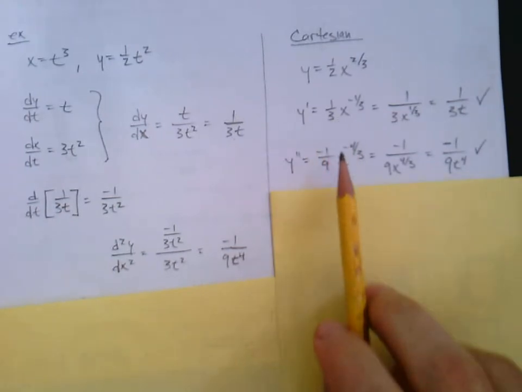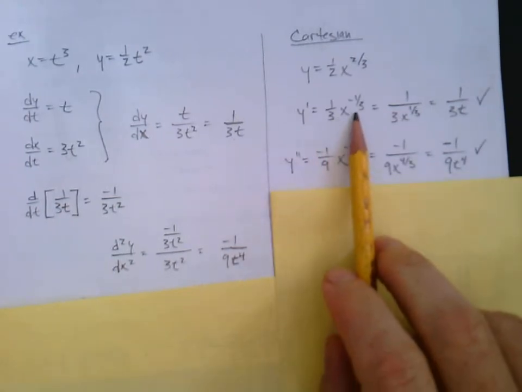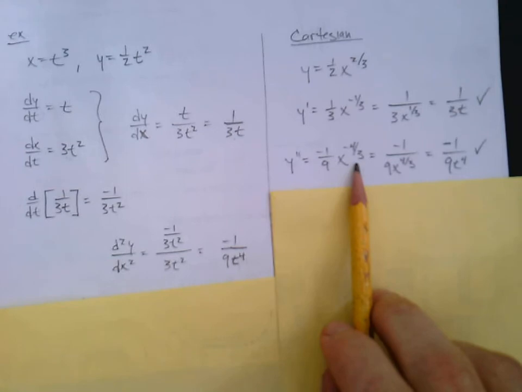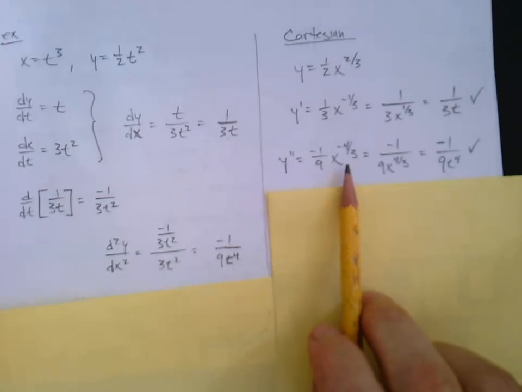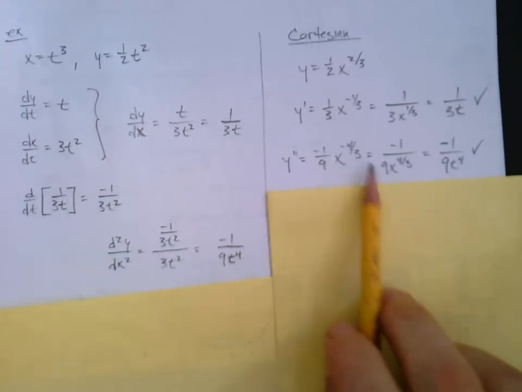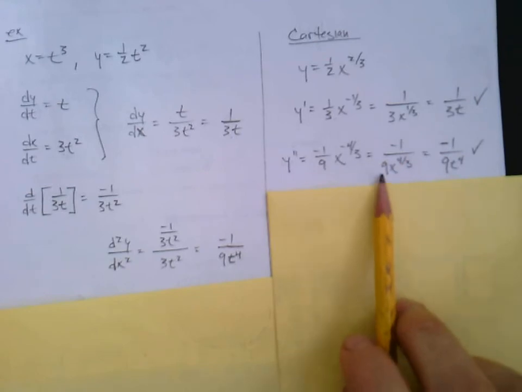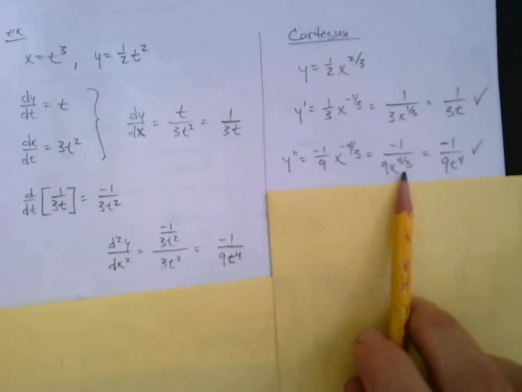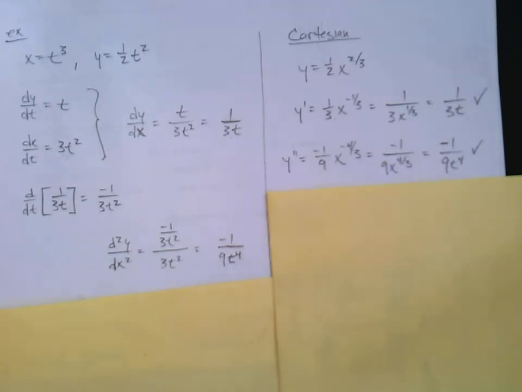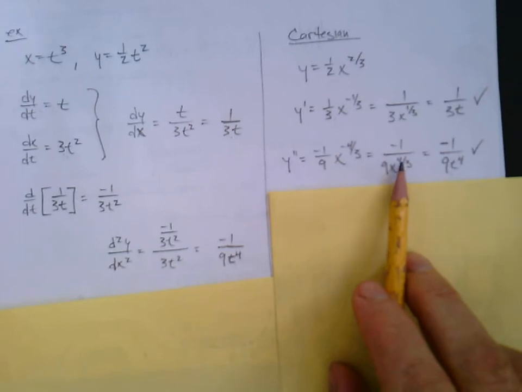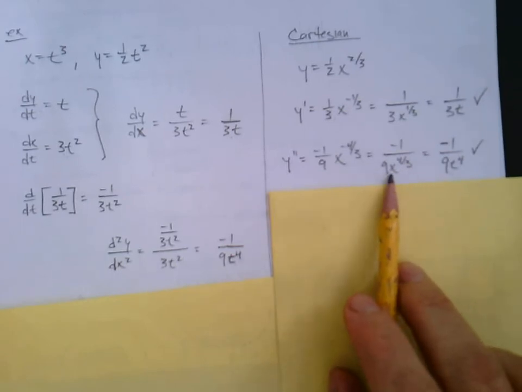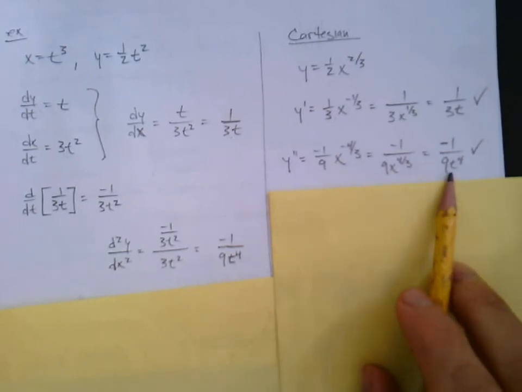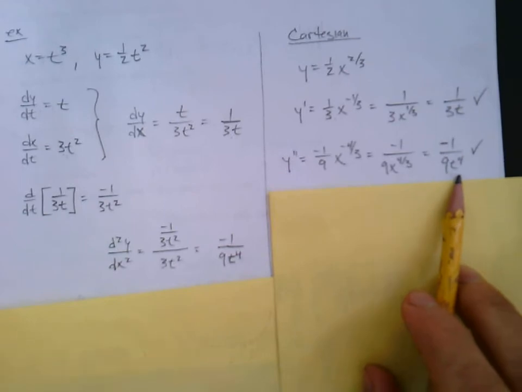So just using that, getting y double prime, negative 1/9 x to the negative 4/3. Maybe putting that in the denominator, negative 1 over 9 x to the positive 4/3. We want to confirm that's the same as negative 1 over 9t to the 4th. Well, x to the 1/3 is t, so x to the 4/3 is t to the 4th, negative 1 over 9t to the 4th, and we got it.